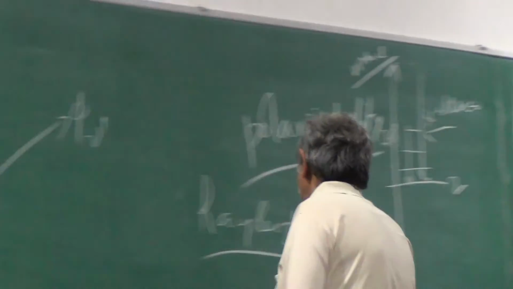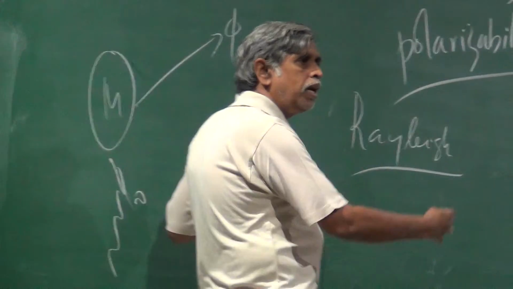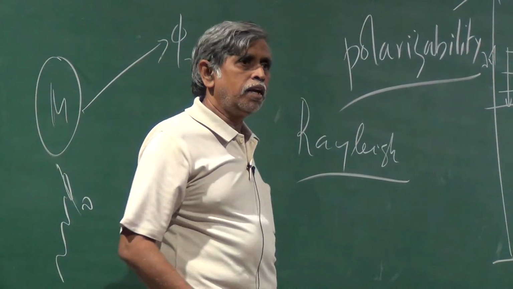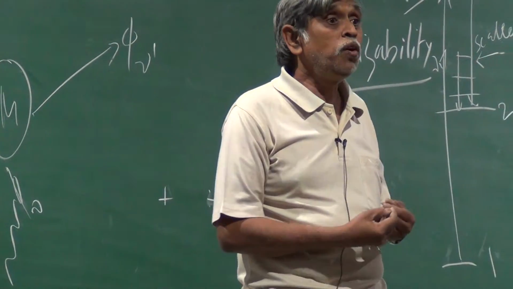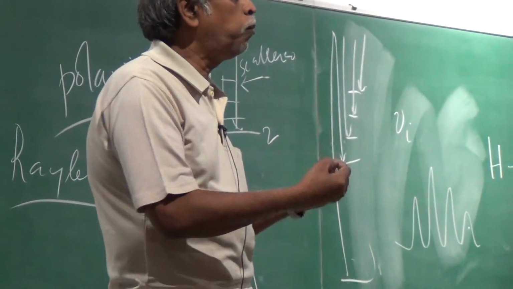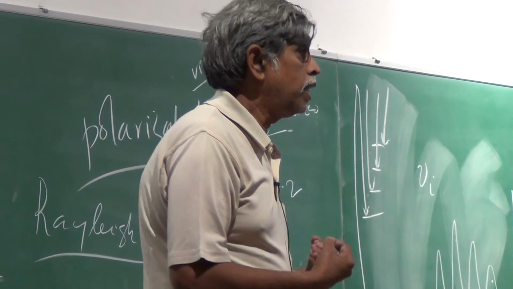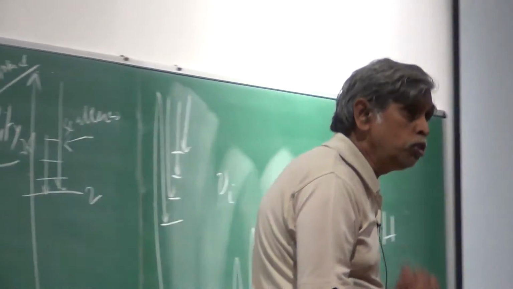If I have two species and I apply a field and polarize the electrons to move one way or the other, what have you done? You have actually induced a dipole moment in the system. So the polarizability is related to the induced dipole moment.